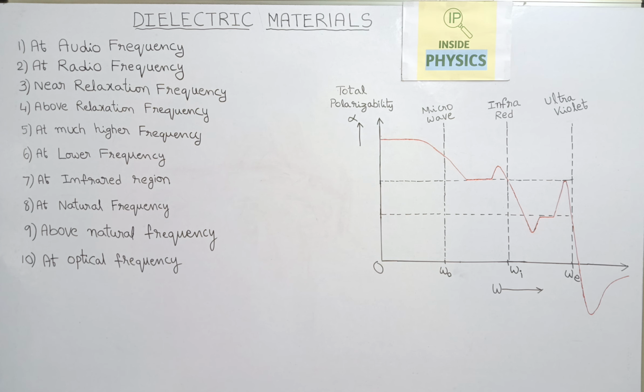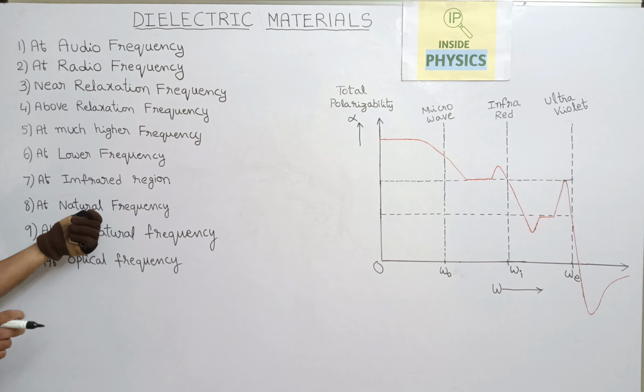See, here the power loss is there, and the power is absorbed when the field exceeds their natural frequencies. The losses encountered in this process are known as resonance losses.